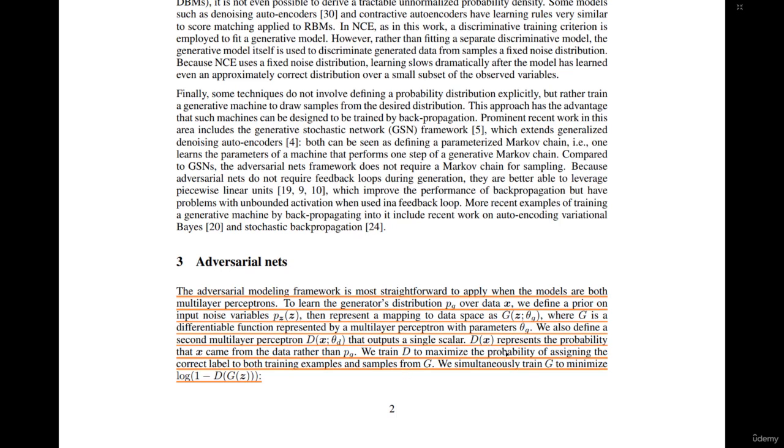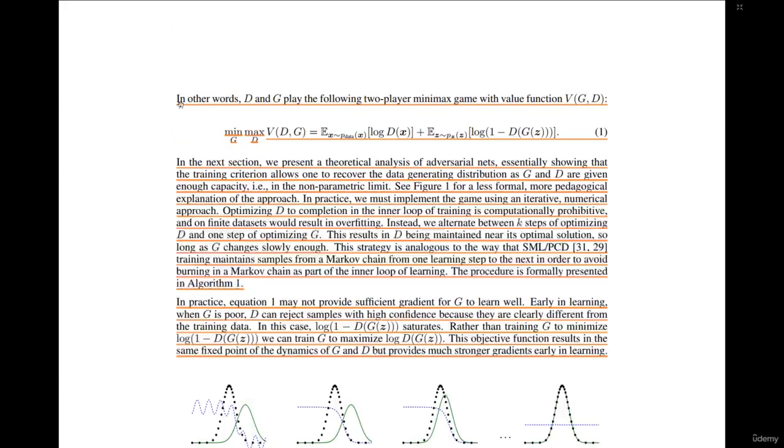We train D to maximize the probability of assigning the correct label to both training examples and samples from G. We simultaneously train G to minimize log(1 - D(G(z))). In other words, D and G play the following two-player minimax game with the value function V(G, D). So the minimax of this is now this.